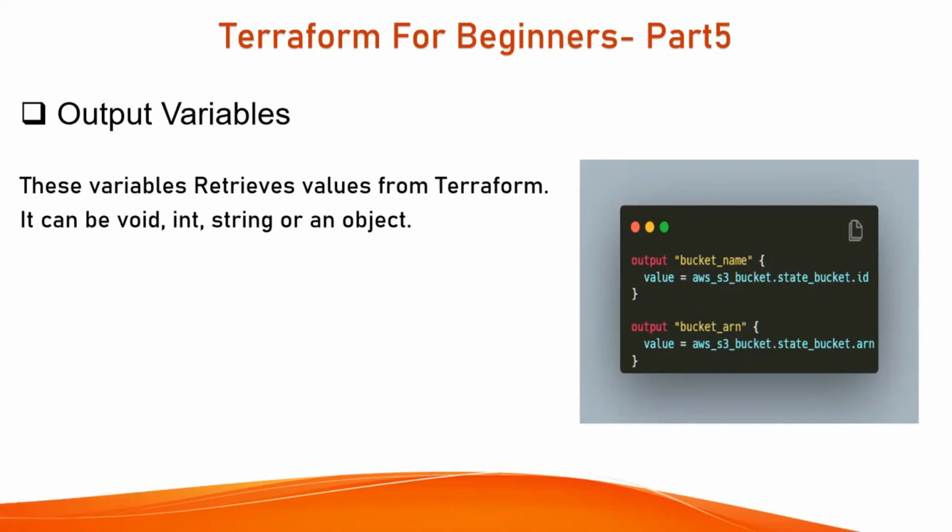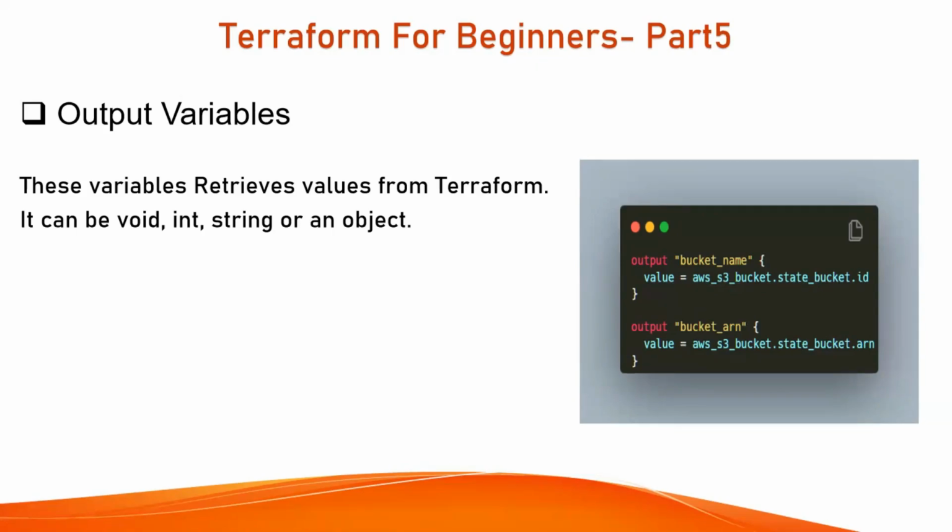We wanted to know what the name of that bucket is. So that's why we have defined it, to make everyone understand what this variable is. Similarly, you can define n number of output variables, but to make everyone understand, it's always best to say what that variable's function is, right? So define accordingly.